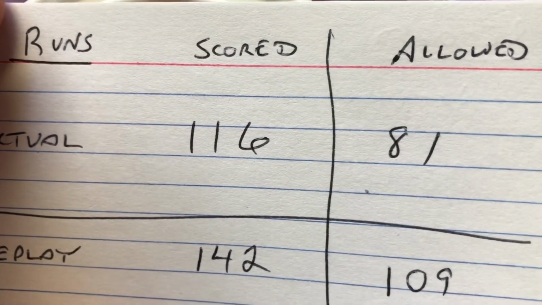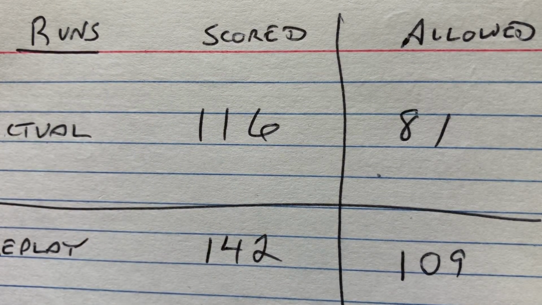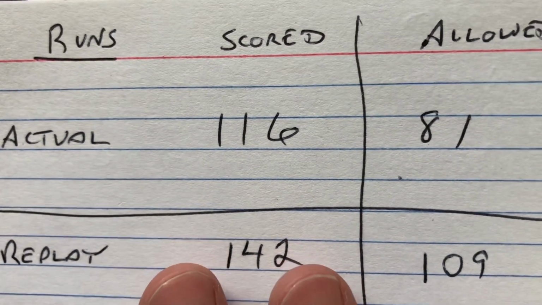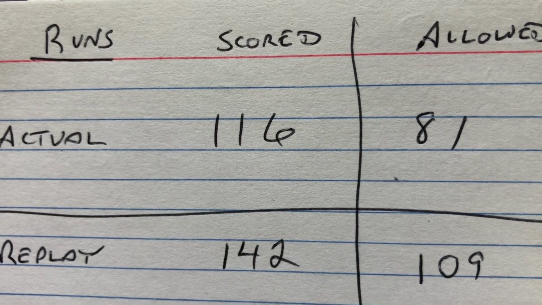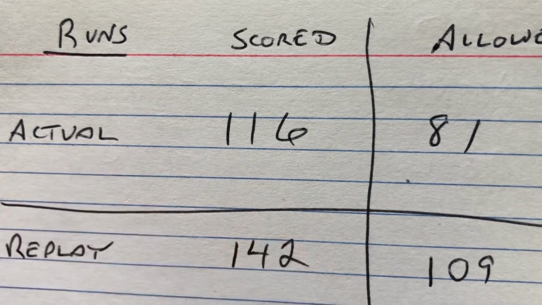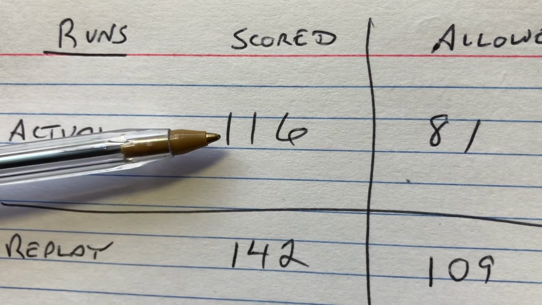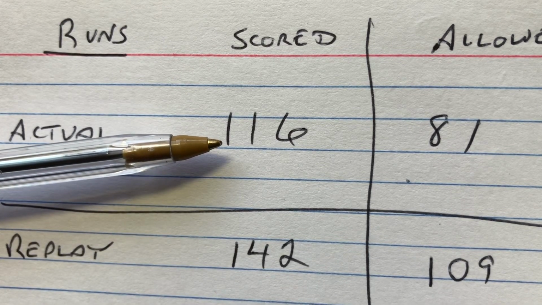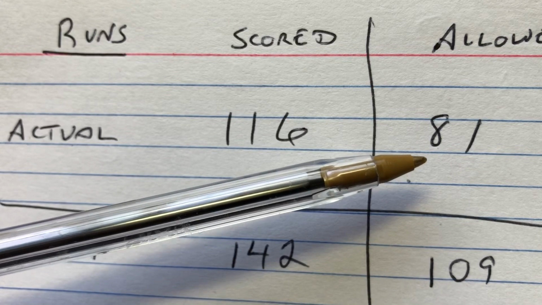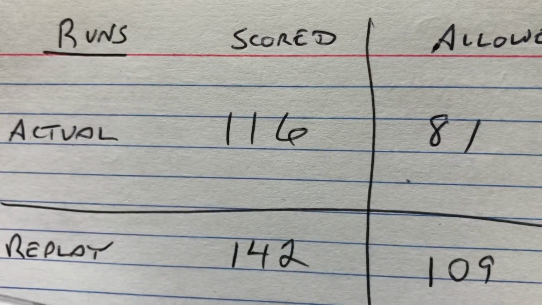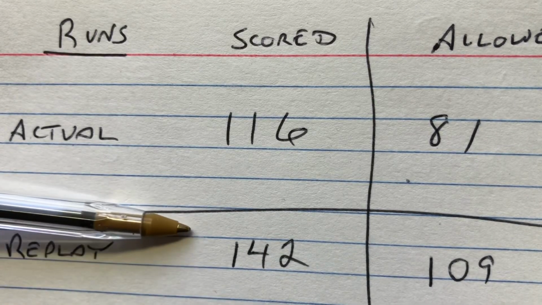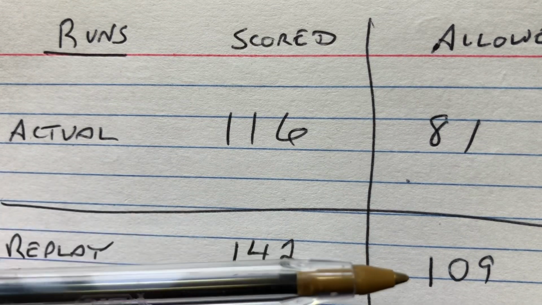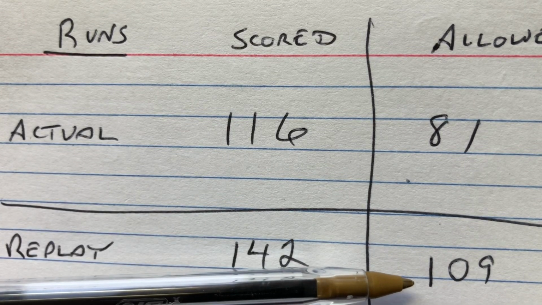Here's our totals on runs. So if you look at the actual runs in real life, or as the kids like to say, IRL, 116 runs scored by the Brewers at this point, 81 runs allowed. In my replay, we've had 142 runs scored and 109 runs allowed.